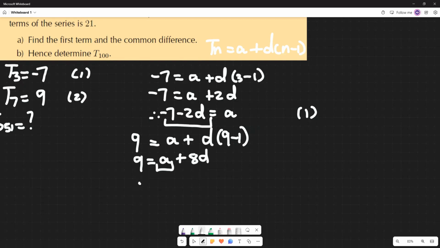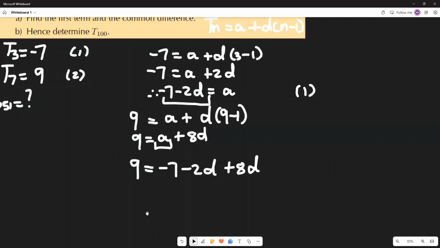So I'm going to say 9 equals -7 minus 2D plus 8D. All right, and then I take this to that side, that gives me 16.